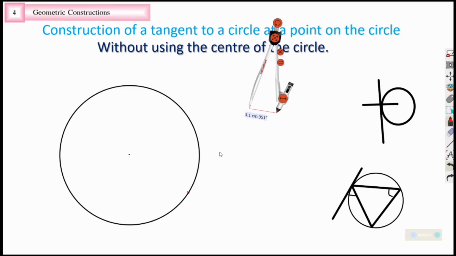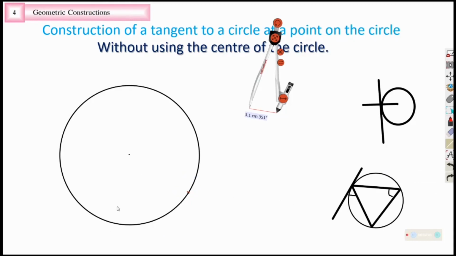Suppose, मतलब मैं आपको दिखाने के लिए बताता हूँ, मुझे ऐसा इधर एक tangent चाहिए. But how to draw it without using the center? I could draw it because I simply wanted to show you.